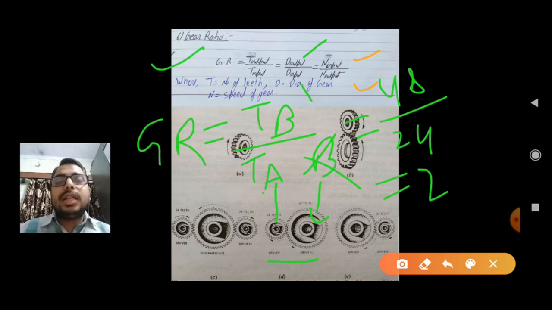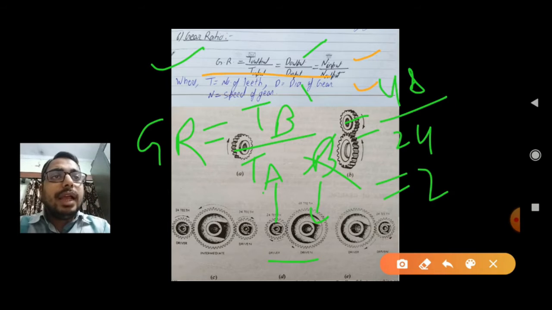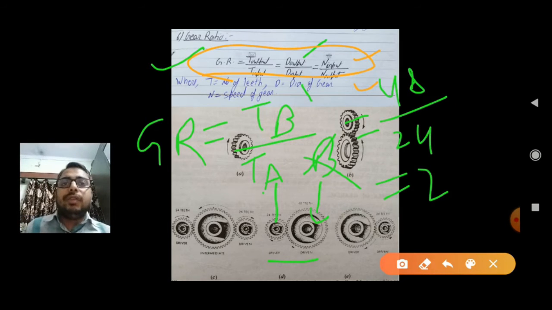These are the different formulas of the gear ratio, which are frequently used in numericals and when discussing different terminologies. Here I have also explained that T is the number of teeth, D is the diameter of the gear, and N is the speed of the gear.